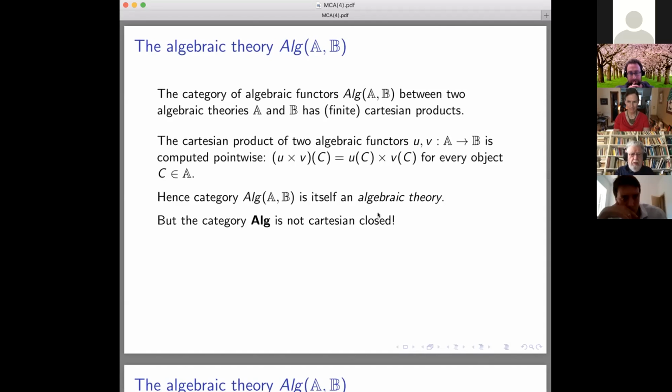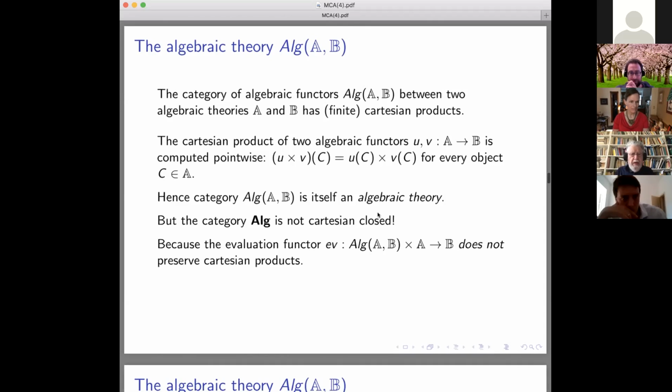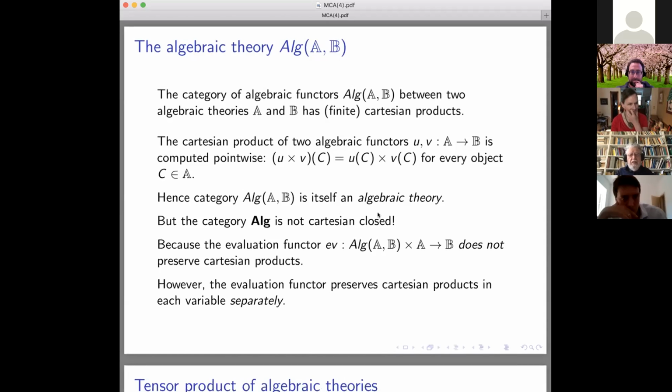But no, this category is not Cartesian closed. It's because the evaluation functor that you would just spontaneously write down between the algebraic functors from A to B and A does not preserve Cartesian products. What happens is that this evaluation functor preserves Cartesian products in each variable separately.